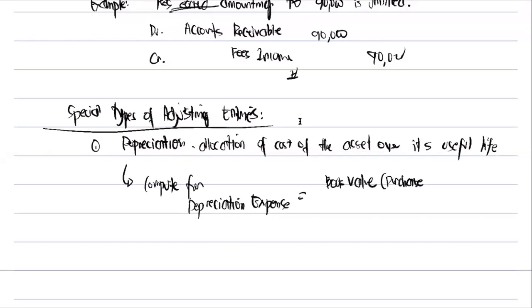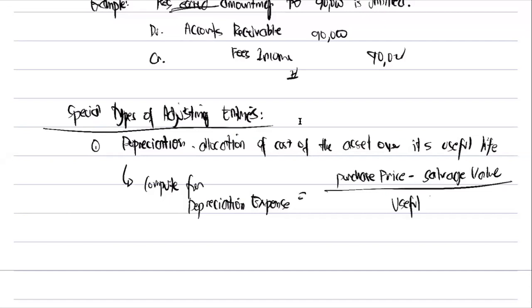Wag na lang book value, baka mas malito kayo pagka book value. So, purchase price less salvage value divided by useful life. Okay? Purchase price less salvage value divided by useful life.